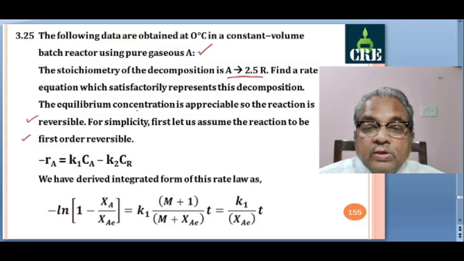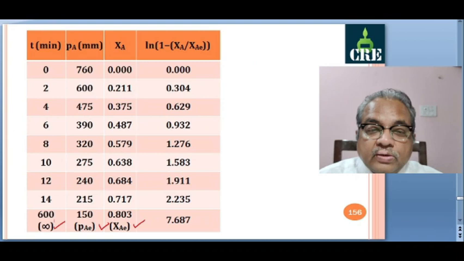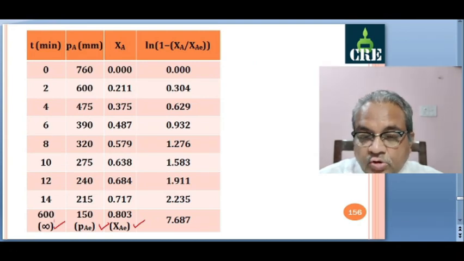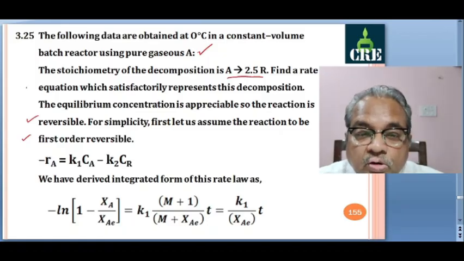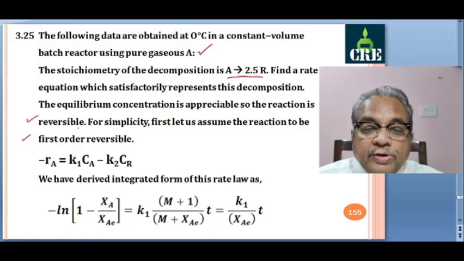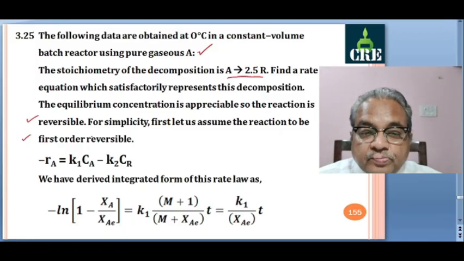So one thing is clear, that equilibrium concentration is an appreciable value, so the reaction is reversible. That means even at time t tending to infinity, complete A is not consumed, or conversion is not equal to 1.